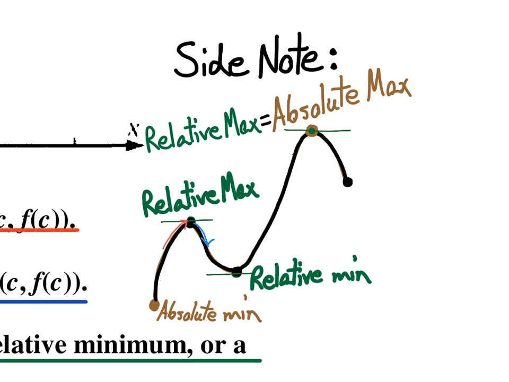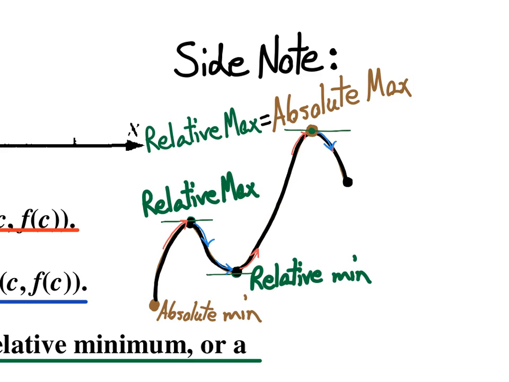Okay? Notice both of these. The absolute max, I'm increasing, then I'm decreasing. For an absolute min, I'm decreasing as I approach it, and then I start to increase afterwards. Okay? Those are relative max or min points.